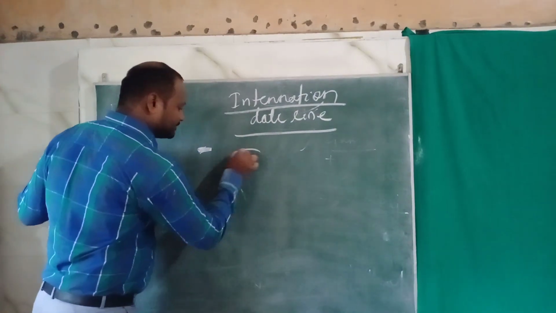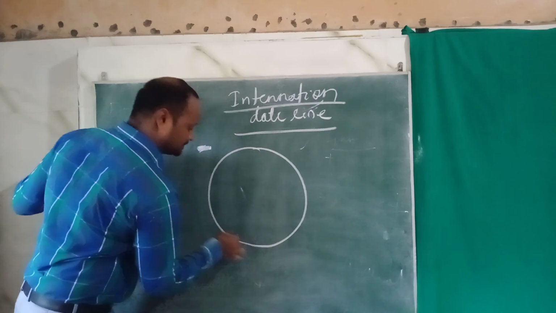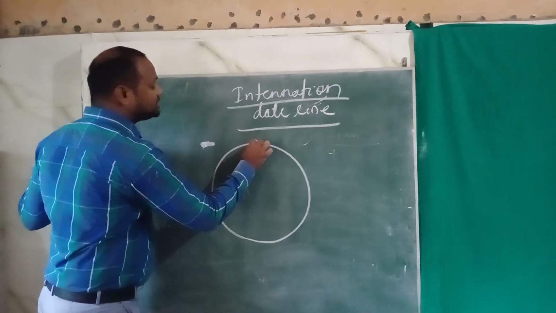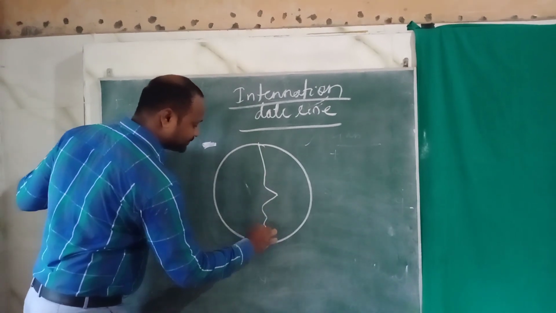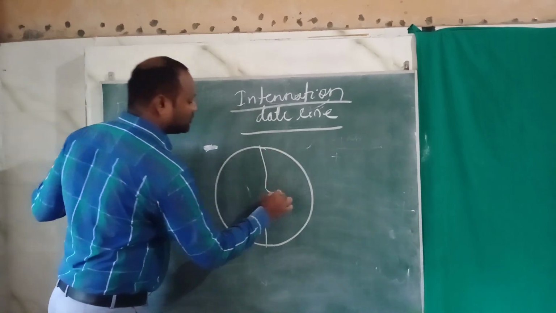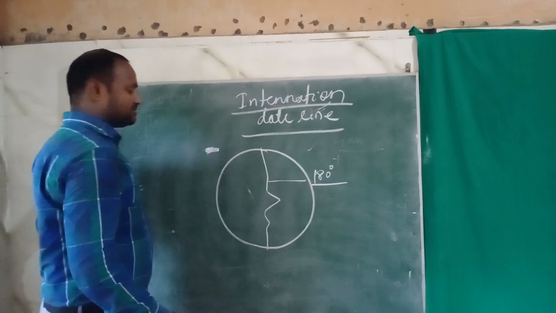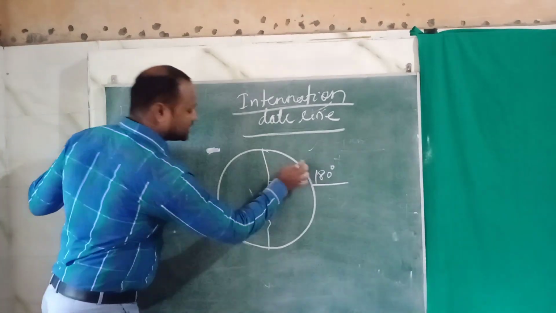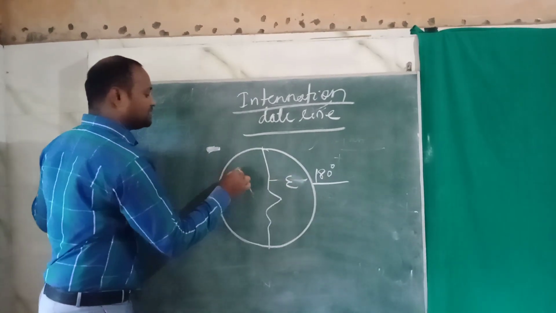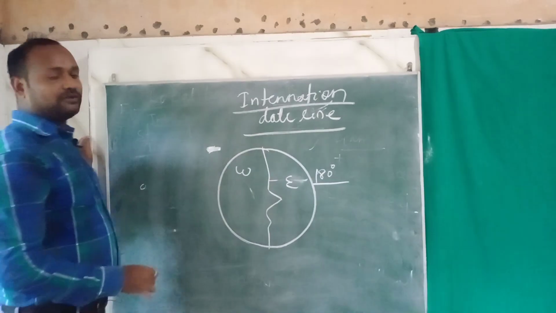Student, just opposite to the 0 degree, we have the 180 degree longitude, and this is the east of it, this is the west of it.